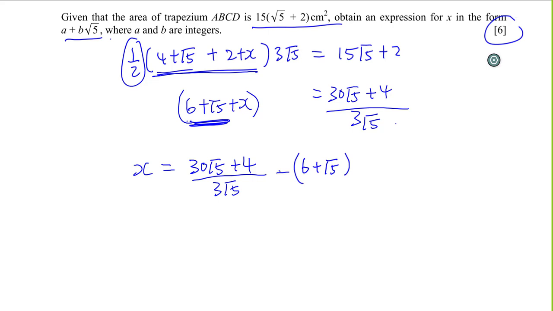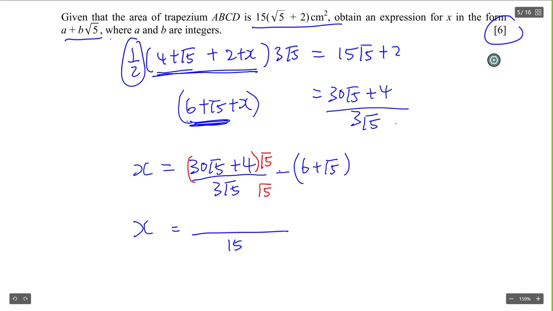Okay, then I will need to solve this one. So first thing is, maybe I will rationalize first. I will multiply surd 5 for top and bottom, and see what happened. So bottom will become surd 5 times surd 5 which gives 5, so bottom will be 15.